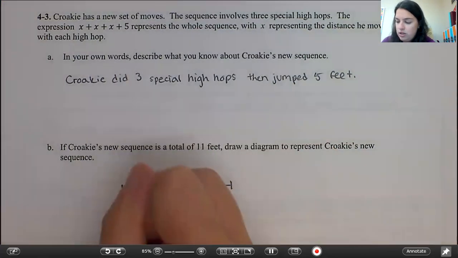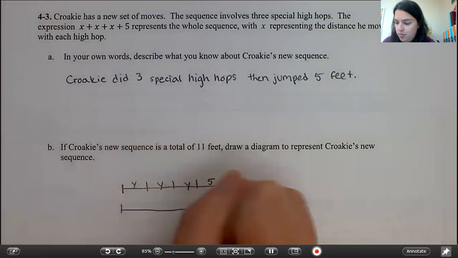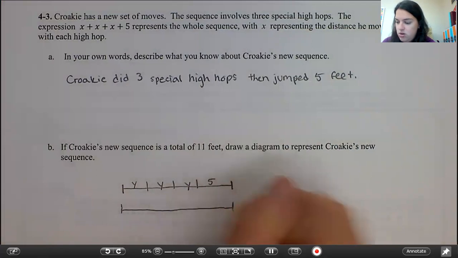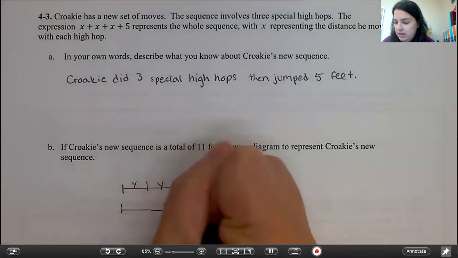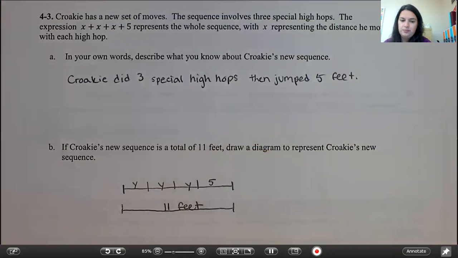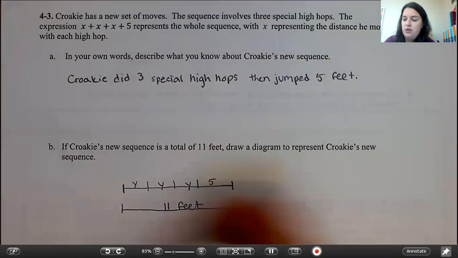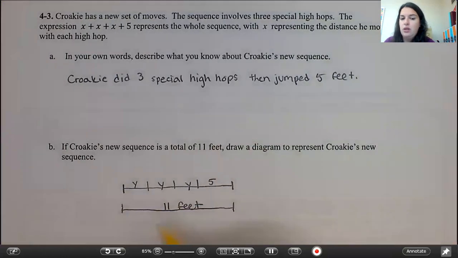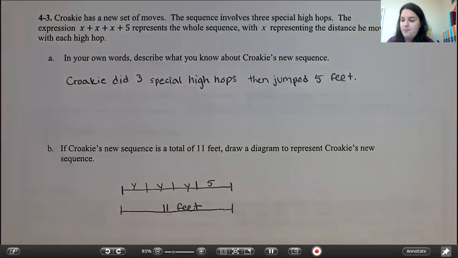We also know that this total jump all together was 11 feet. So hopefully your diagram looks something like that. So we know that the total amount was 11 feet, even though he did 3 special high hops and he jumped 5 feet.